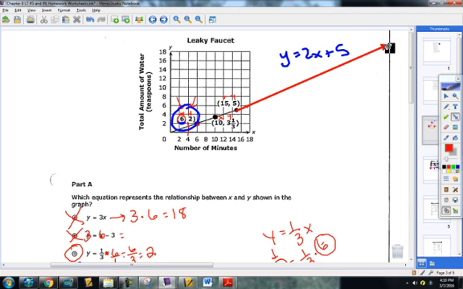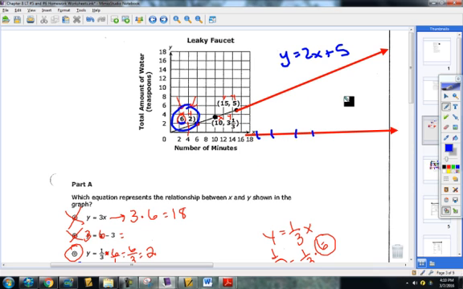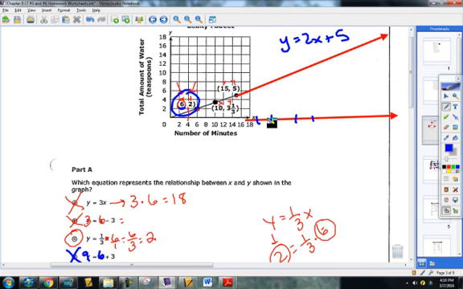If it actually had a grid, you could go all the way over to 21 minutes, somewhere over here, and then go up to the line. Now, I'm not saying that's the answer, because it's not accurate with the way I drew it, since it has to be the same size. But if it was like that, you could use that method.